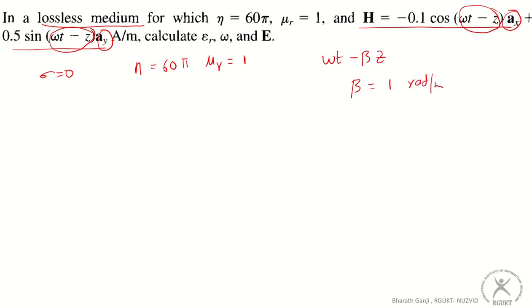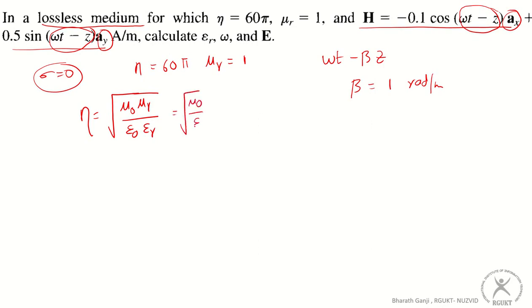And intrinsic impedance, because it is a lossless medium, there is no sigma. The intrinsic impedance formula simply becomes square root of mu naught mu r divided by epsilon naught epsilon r, which is square root of mu naught by epsilon naught times square root of mu r by epsilon r. Mu r is given as 1, and of course we don't know epsilon r.